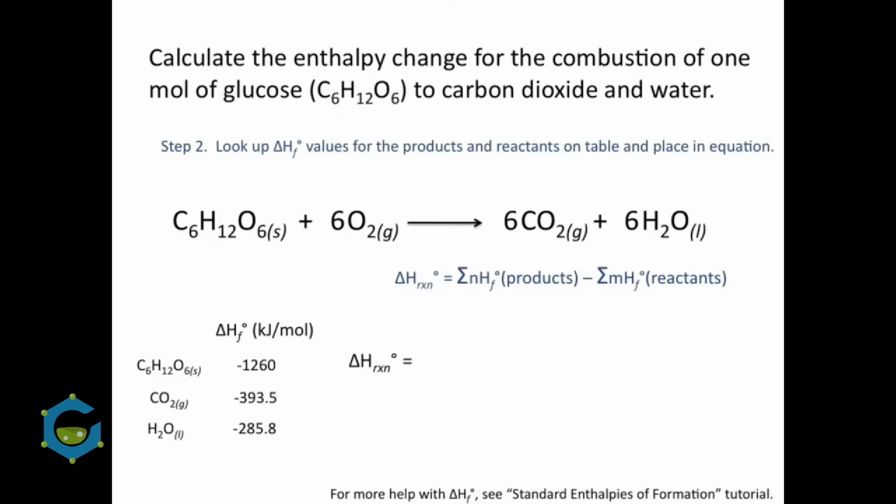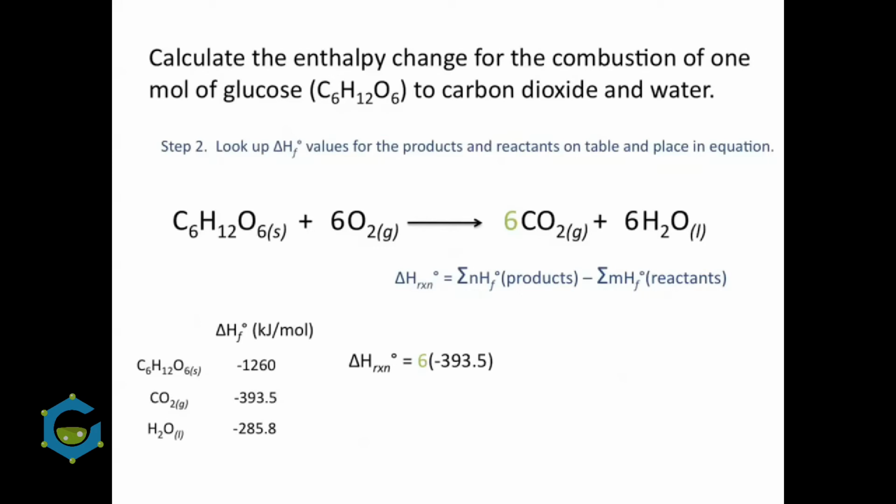Now let's plug these values into our problem. First, we're looking at the sum of the enthalpy of formation values for the products. Starting with CO2, I can see that the enthalpy of formation value is negative 393.5 kilojoules per mole. And I multiply this value by 6 because 6 is the coefficient in front of CO2 in our balanced chemical equation.